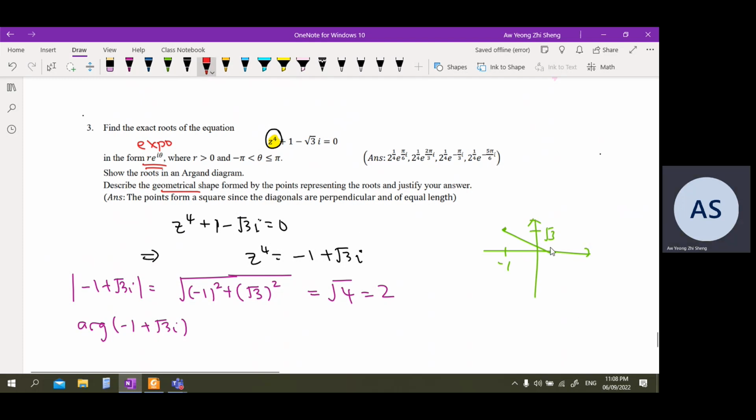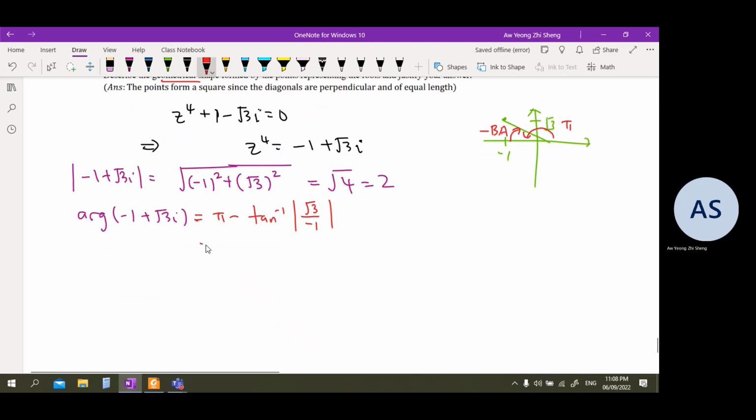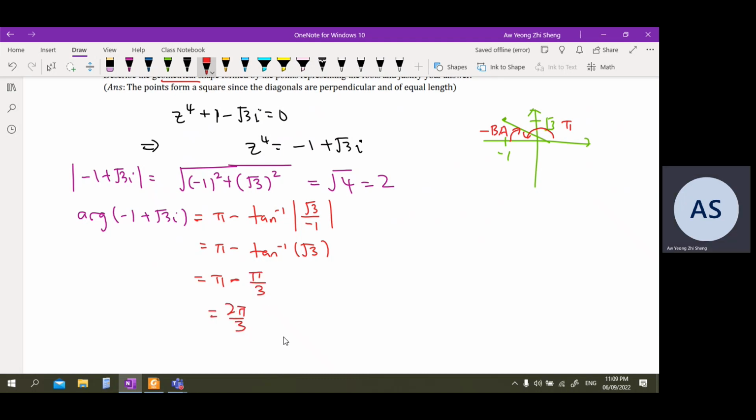And you would need to go by pi and then reverse by the basic angle. So that's pi minus inverse tangent of modulus y over x. That's pi minus pi over 3. That gives 2 pi over 3.